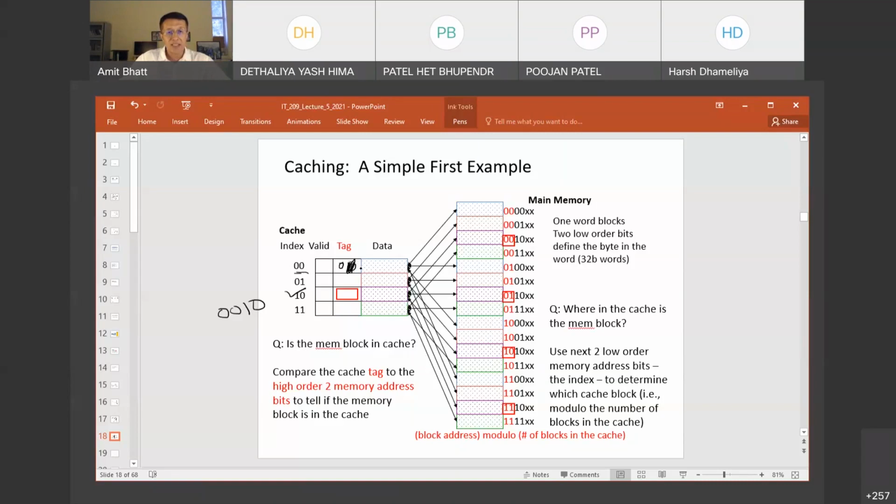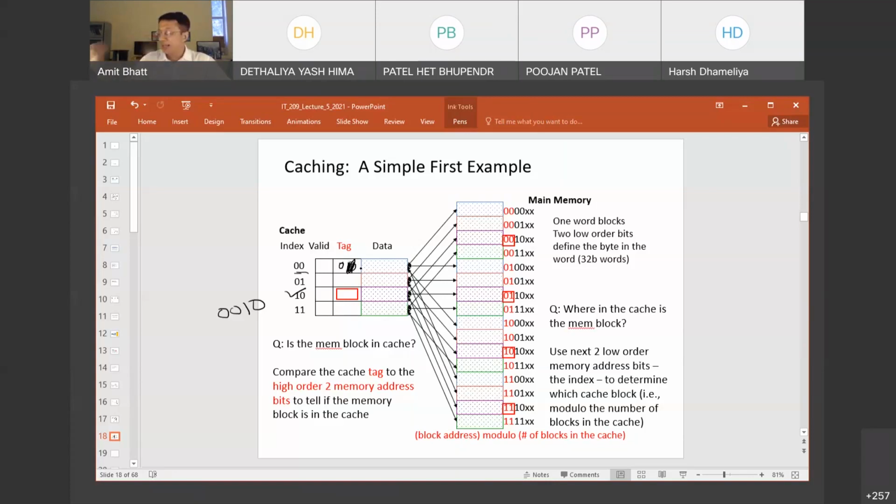So that is the unfortunate feature of direct map caching. But the advantage still is that it is very fast, and that's why it is kept. The first level cache in your laptop or mobile is always a direct map cache because it is very fast. It is very inefficient, that I agree.